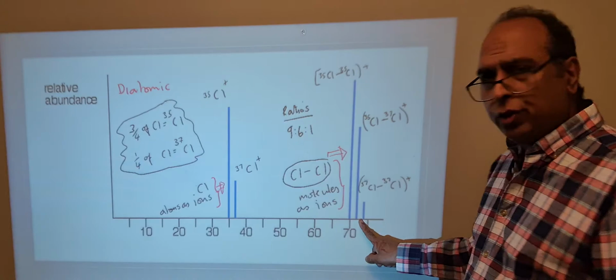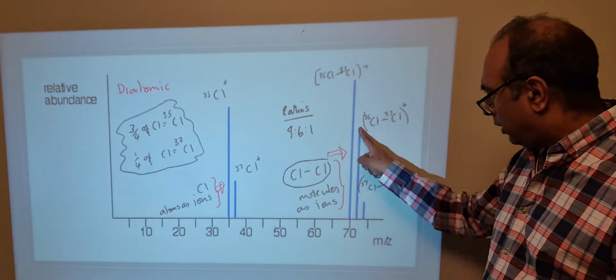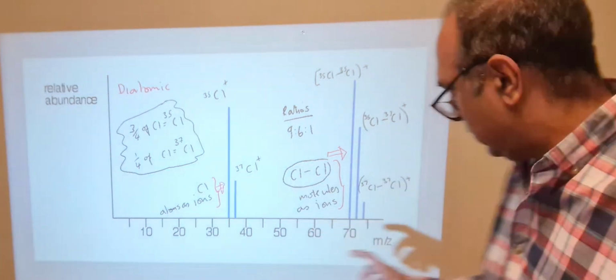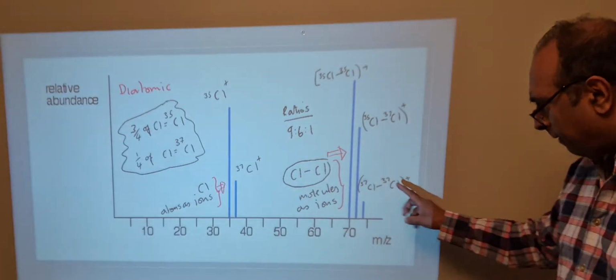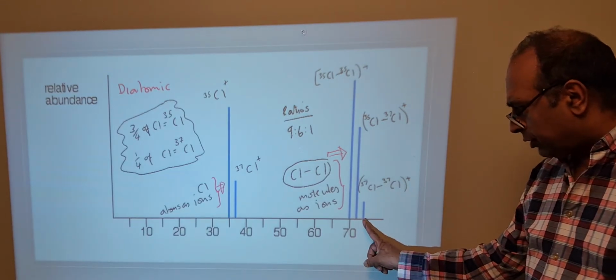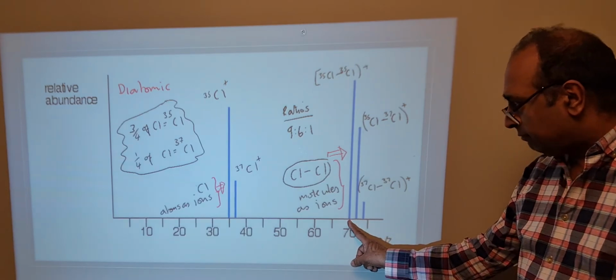Then it would have 2 units more. So that would be 72. And see the peak there. What if both of the chlorines were the heavier type? 37 and 37 would show up at 2 more units along here. So that would be 74, this would be 72, that would be 70.